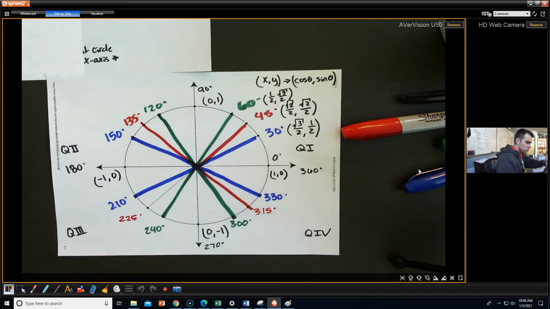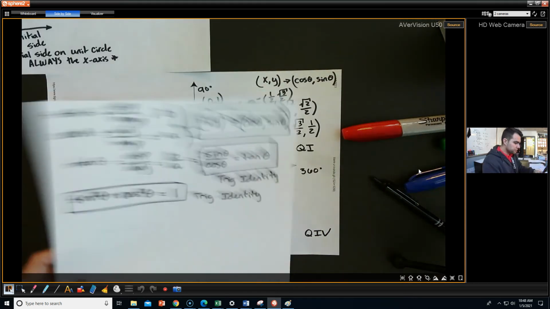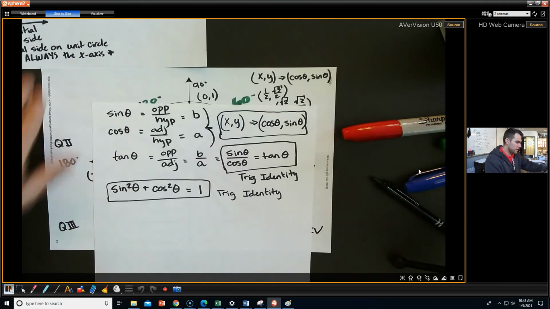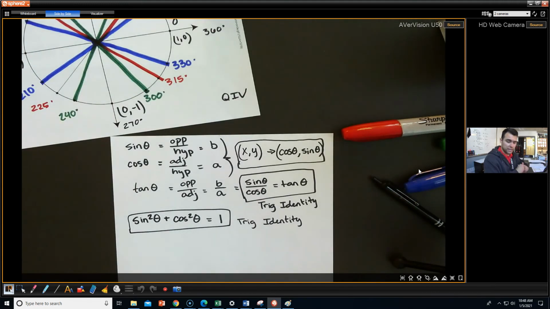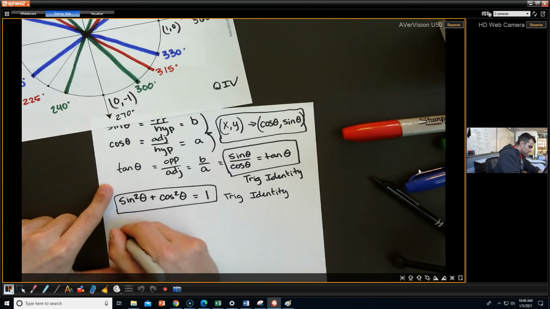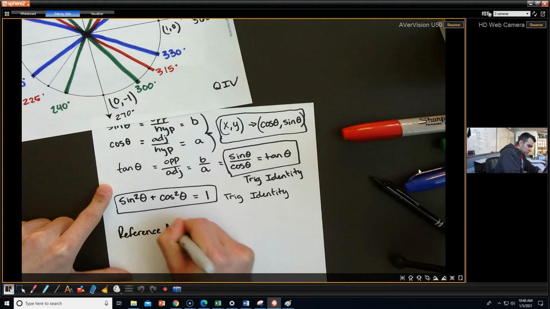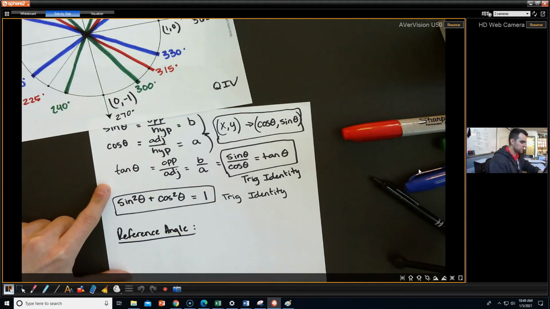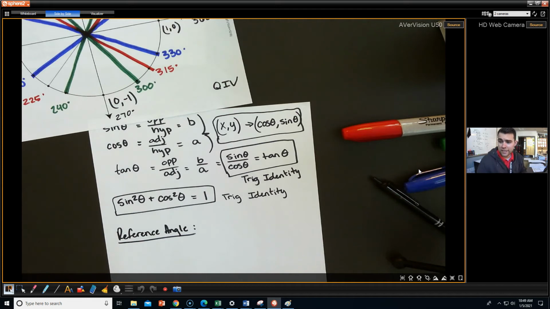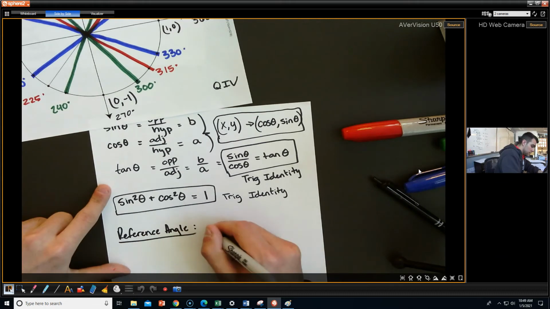It's crazy. Okay, going back to my note sheet real quick, I'm going to write a definition of what a reference angle is. Okay, so for a reference angle, I'm going to be using the terminal side and initial side as reference. A reference angle is basically an angle measured from the terminal side to the initial side.